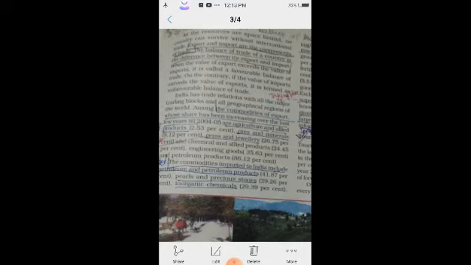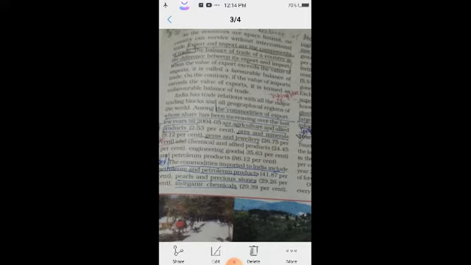Export and import are the components of trade. Both these are the components of trade, export and import. The balance of trade of a country is the difference between its export and import.